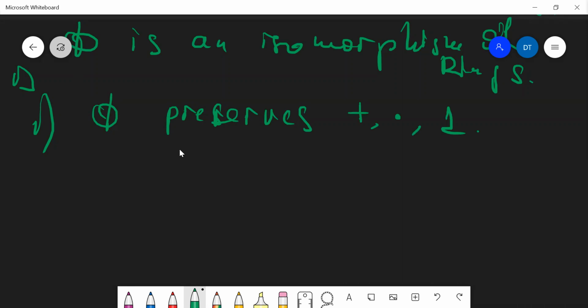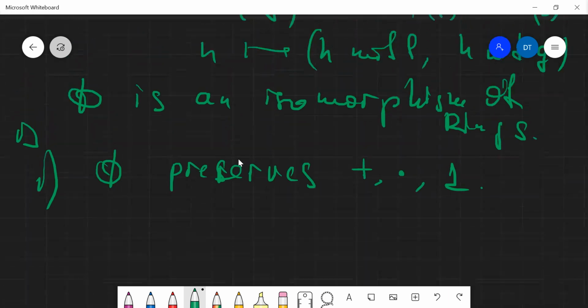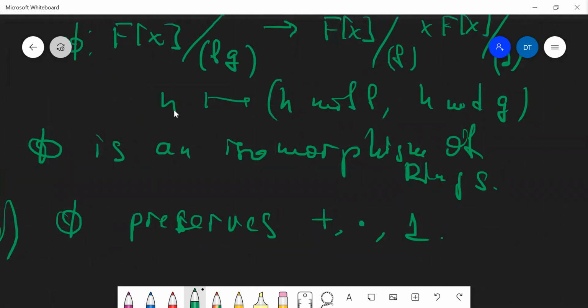Well, this is just a straightforward computation, because when you take h to this pair of remainders with respect to f and g, then this rule is compatible with addition and multiplication modulo f times g. This immediately follows from the definition of the operations. And if you take the element 1, then 1 goes to 1 modulo f, 1 modulo g, which is (1, 1).